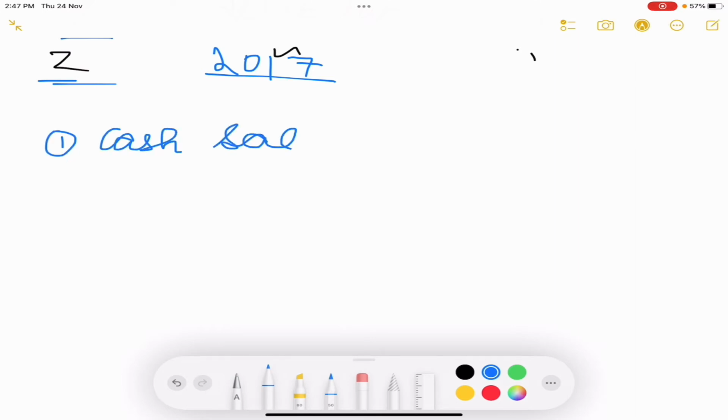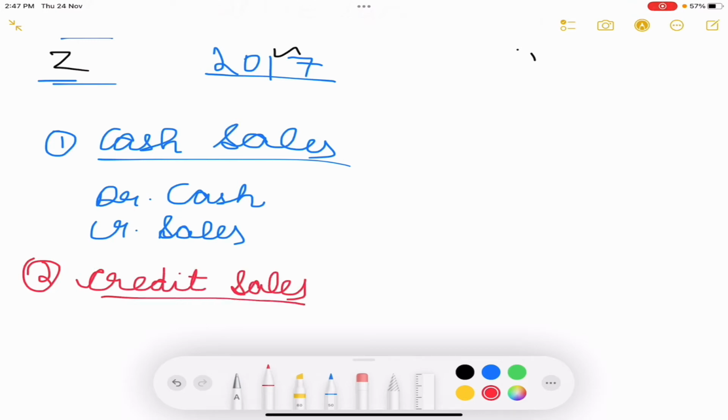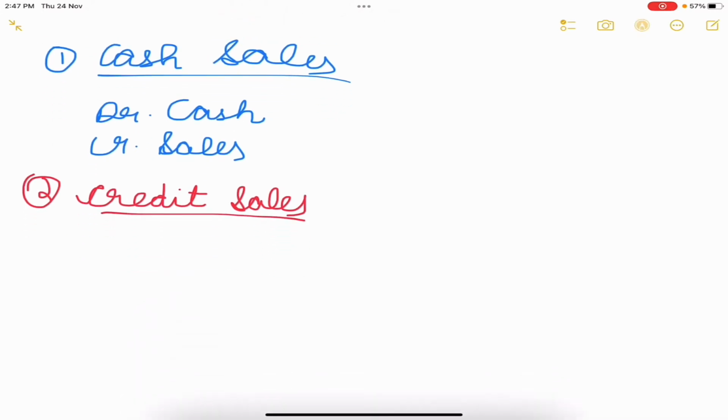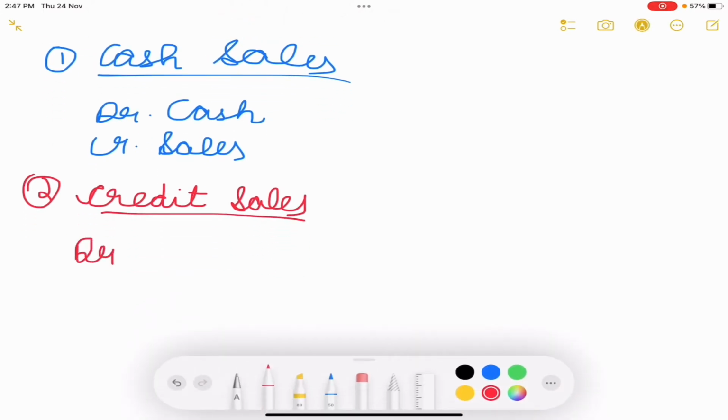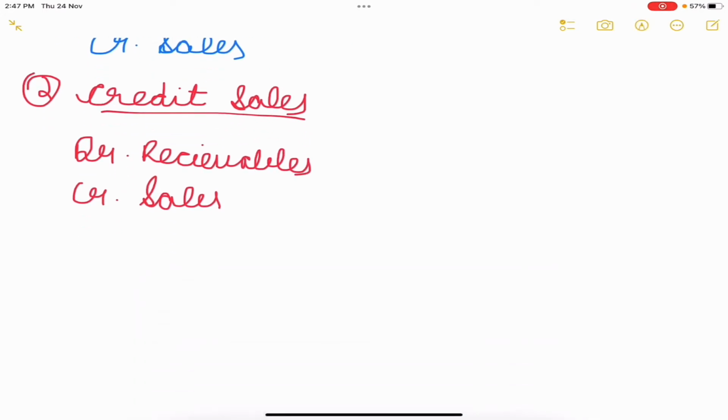Okay. What happens whenever there is a cash sale? This is your entry. Whenever there is a credit sale, what happens? Receivables to sales, right?